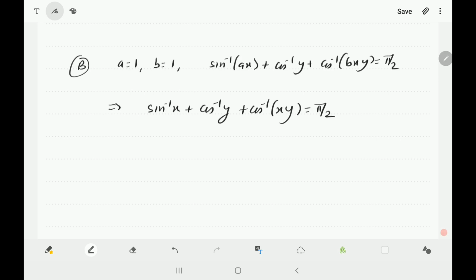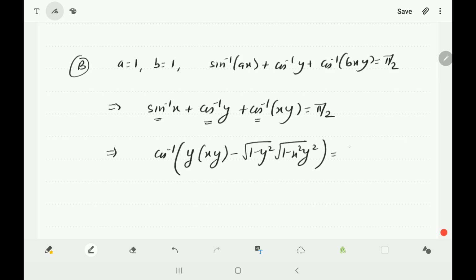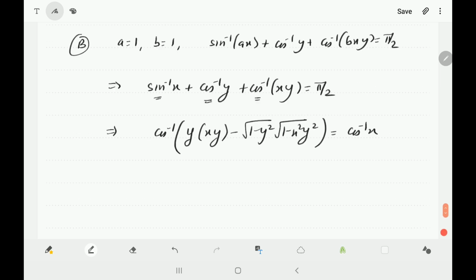Okay, so these two terms are in cos inverse. So let's convert sin inverse x by taking it to the right hand side into cos inverse. So we will be left with cos inverse of y into xy minus under root of 1 minus y square under root of 1 minus x square y square, which will be pi by 2 minus sin inverse x, which gives us cos inverse x.